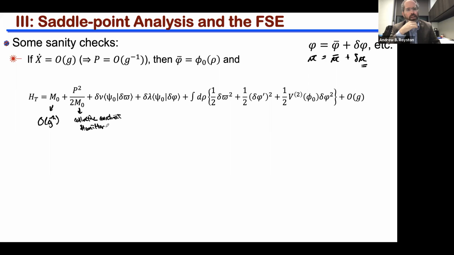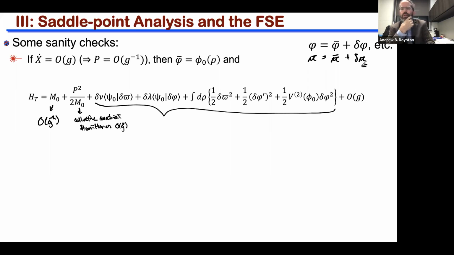That term itself is order g to the 0, or order 1, in g counting. Everything here is the quadratic order stuff in these fluctuations. That's also order 1.